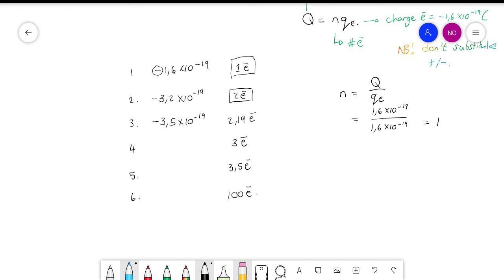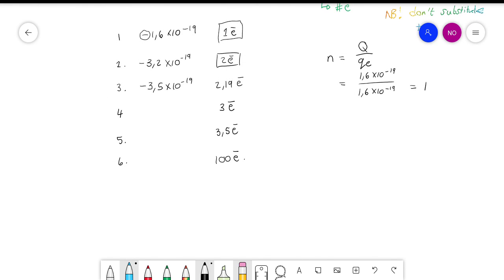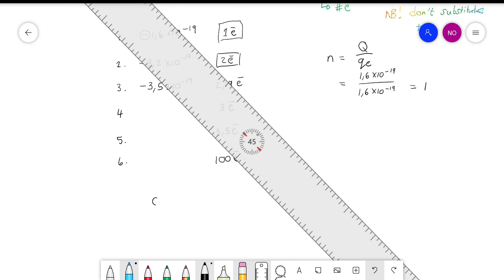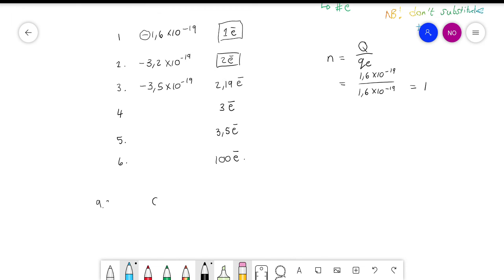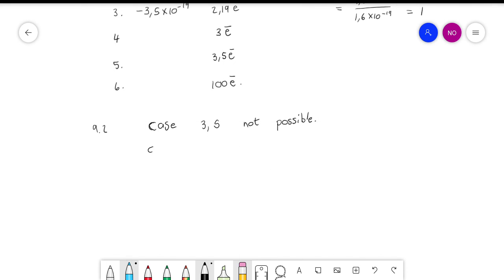So do you agree that case 3 and 5 are not possible? And your reasoning will be, you cannot transfer fractions of electrons. Jy kan nie dele van 'n elektron oordra nie.